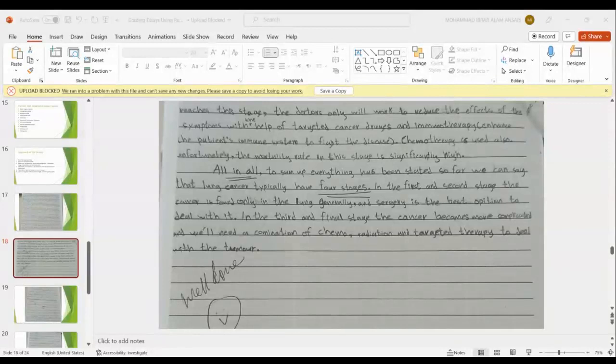Ridwan says conclusion well done, except for a few mechanical problems. Yeah, right. So from 0, 1, 2, 3, what score would you give? Let's go back to the rating scale.